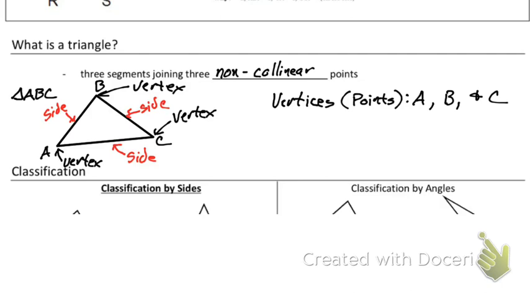When I list sides of a triangle, you are going to use segments. So the three sides would be something like segment AB, segment BC, and segment CA. So make sure if I ask for a side, you give me a segment. If I ask for a vertex, you give me a point.